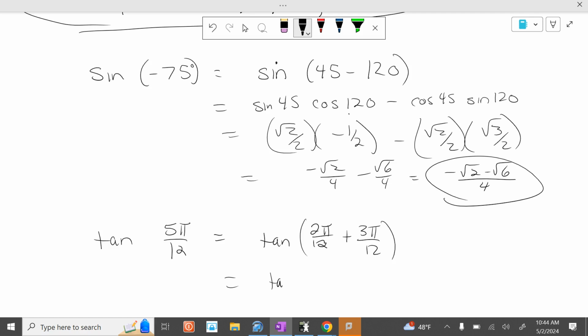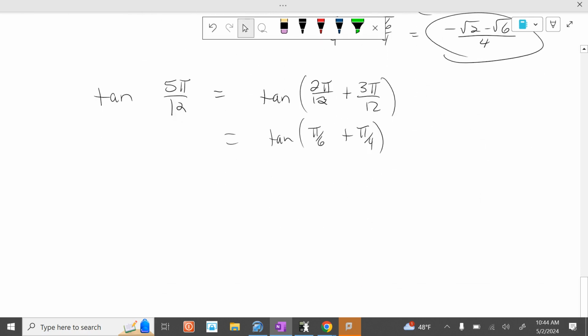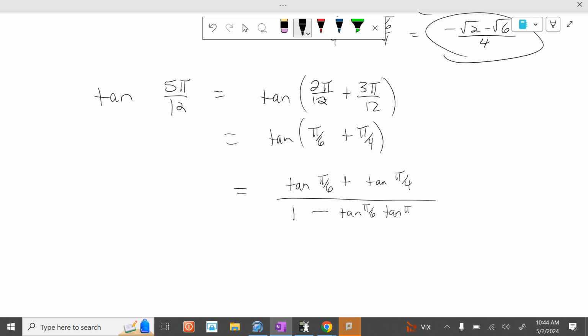So it's the tangent of pi over 6 plus pi over 4. Then you look on your note card and go, well, this is the tangent of pi over 6 plus the tangent of pi over 4 over 1 minus the tangent of pi over 6 tangent of pi over 4.